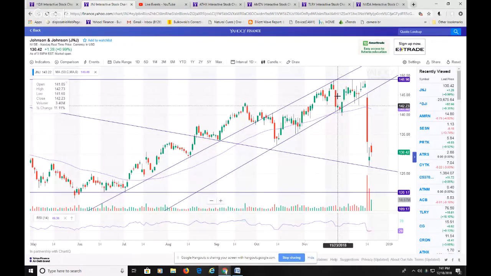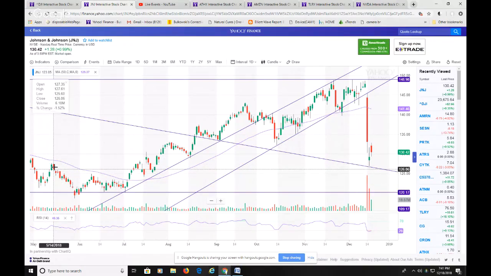So that's an engulfing pattern. Let's see if there's any other I can spot on Johnson & Johnson. Yes. I think this is an engulfing right here. The low is 125.60. Is that lower than the low of the day before? Yes, it is, by 16 cents. The high of the red candle is 127.61. That's higher by a penny. And the bodies, I think, are the bodies higher?